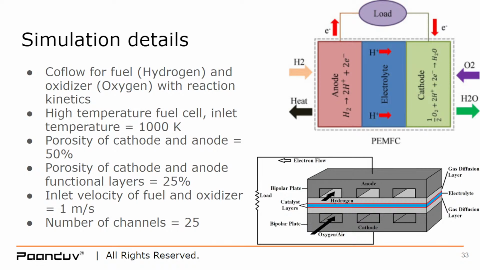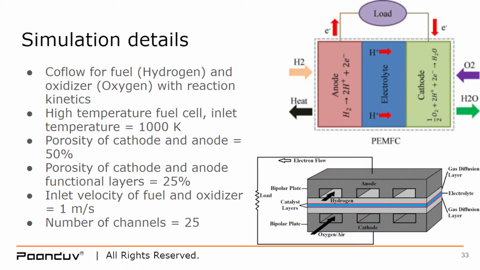Co-flow means two streams of two fluids, one stream of one fluid each, they are coming together and mixing with it, moving in the same direction, right? So in this case, fuel is hydrogen and oxidizer is oxygen, and the reaction kinetics of hydrogen and oxygen are utilized or simulated as it is in the computational model.